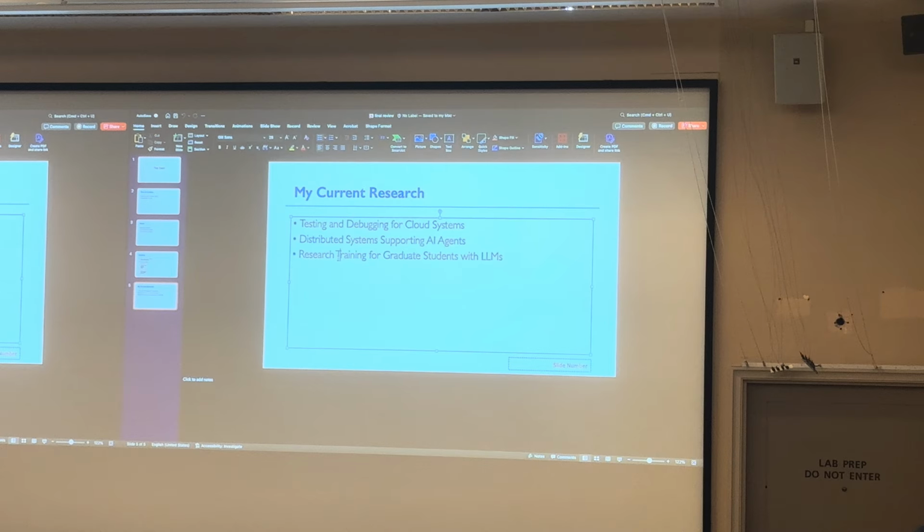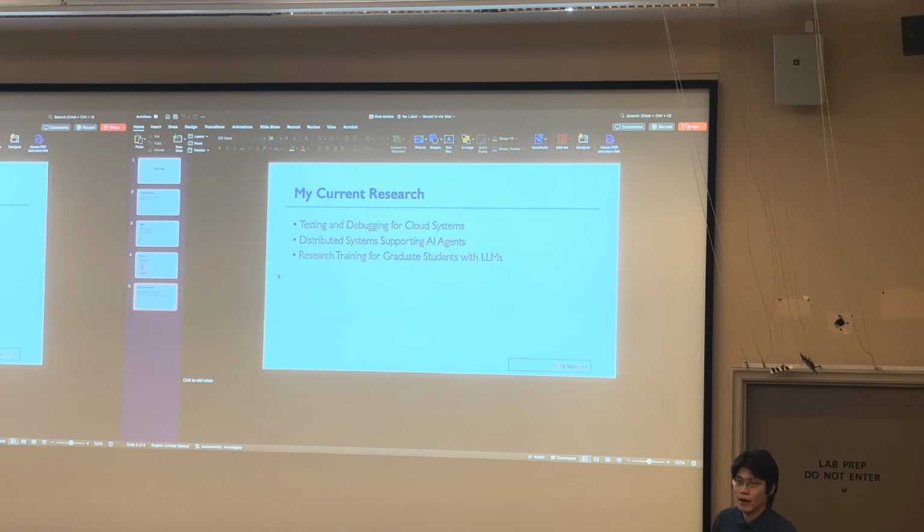We also have a project that tries to do research training for graduate students. The point is that as senior researchers, a lot of us have already identified that recent AI is very helpful. A lot of times it's too helpful. It's replacing a lot of junior researchers and junior positions.